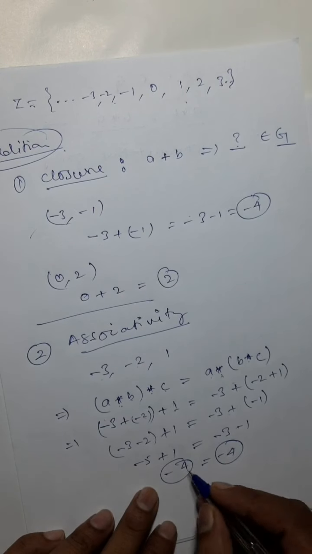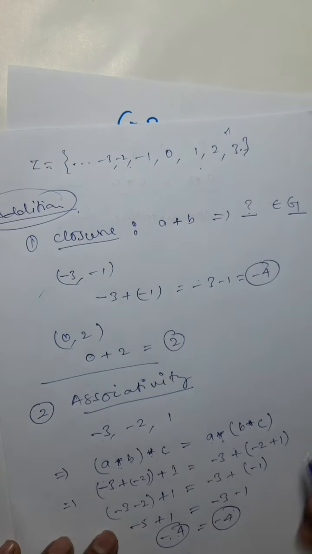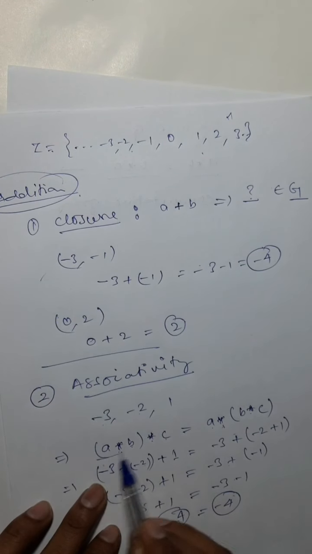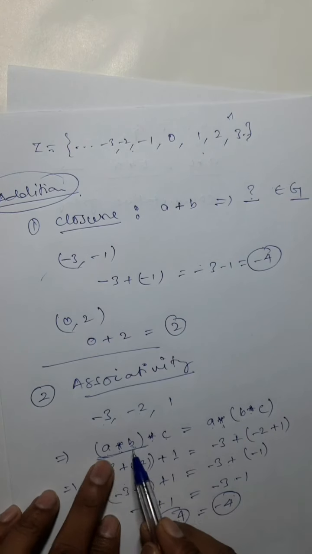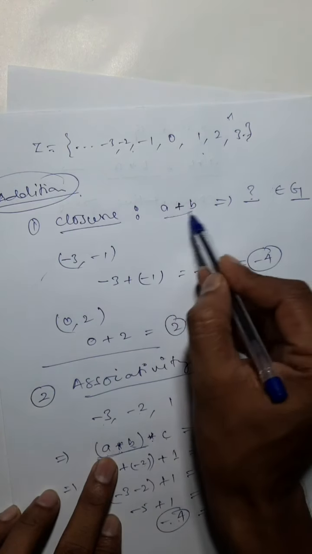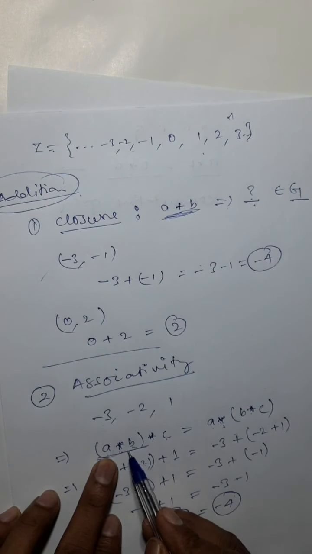These elements belong to the set, because this represents the closure property: under closure, a plus b belongs to G.